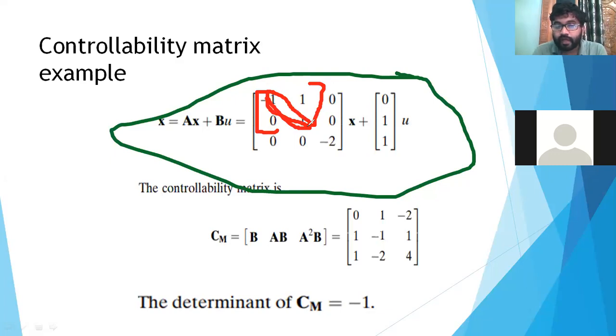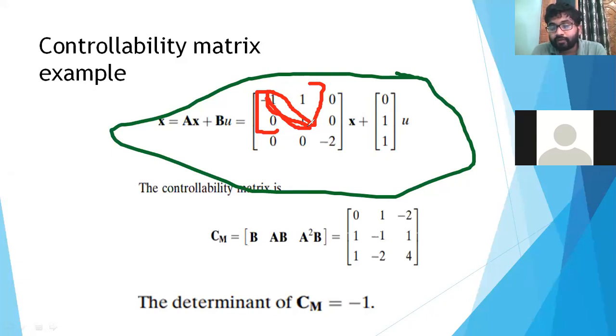So you should add one more condition here: controllability by inspection is applicable only when the equations are decoupled, that is, the system is represented in parallel form.